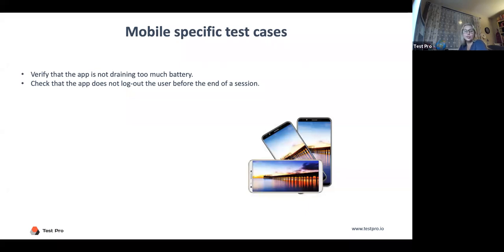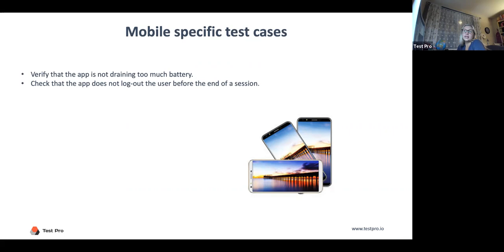Also Instagram, because of the photos, videos, and everything else, it's eating a lot of battery. Right now it's better. They're really working on improving their application, like Facebook. They're really good at this one, but still, sometimes it's an issue.